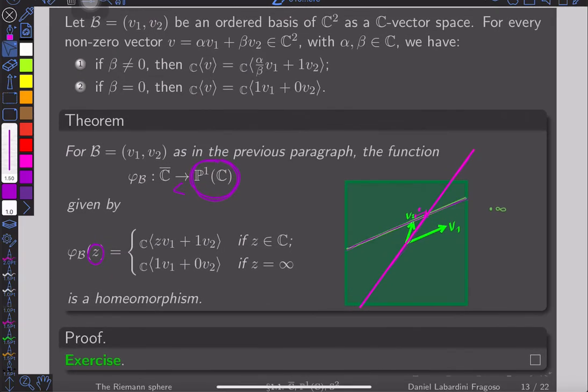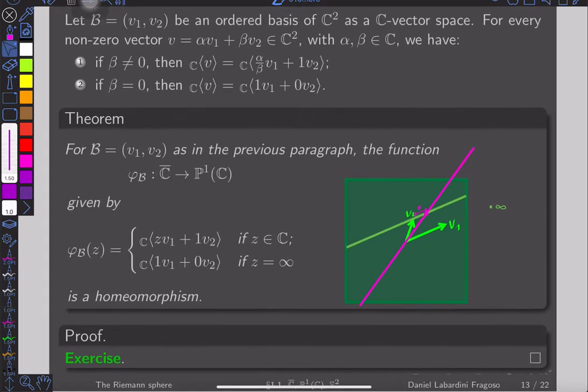What one does is put a copy of the complex numbers at the tip of V2, and then one moves the one-dimensional subspaces around and sees where they intersect this copy of C sitting at height 1 at the tip of V2, and where one intersects, that's the Z. So somehow this C bar is C sitting at height 1 at the tip of the second vector, at least under this function.